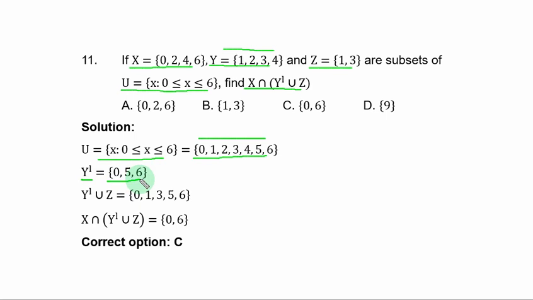Let's start from the bracket by getting y complement union z. You simply combine the elements in y complement and z, and you have this result. Now you compare this result with set s under intersection, common elements, and you have 0, 6. So C is the correct option.